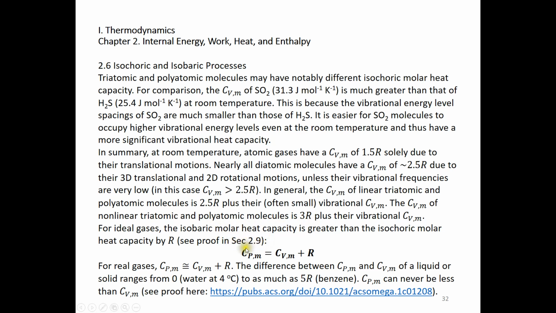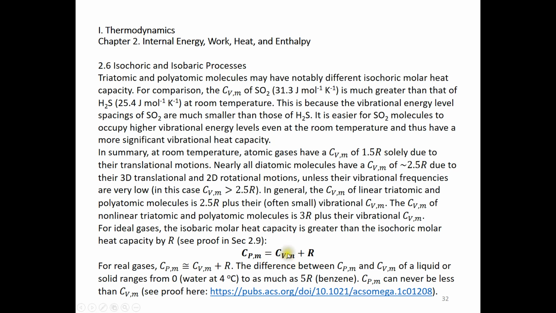Later in section 2.9, we can prove CPM is simply CVM plus R for ideal gases. What is this CPM? It's actually the isobaric molar heat capacity. It's different from the isochoric molar heat capacity. What does that mean? It tells you if we heat up a substance and increase its temperature by 1 Kelvin, actually we cannot compute the amount of heat unless we know the condition.